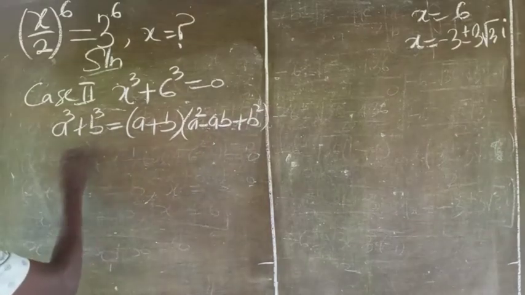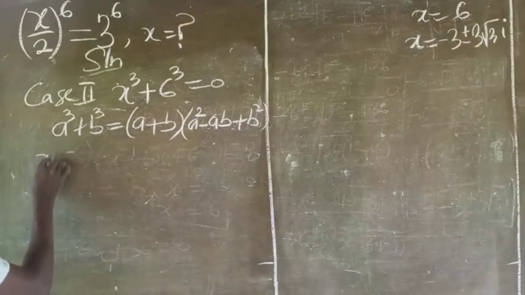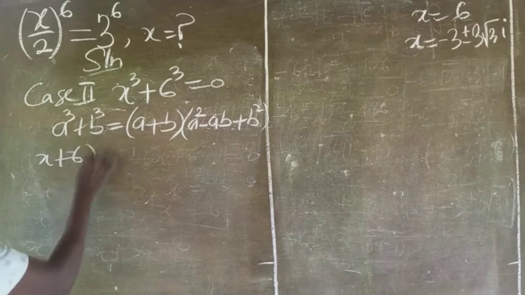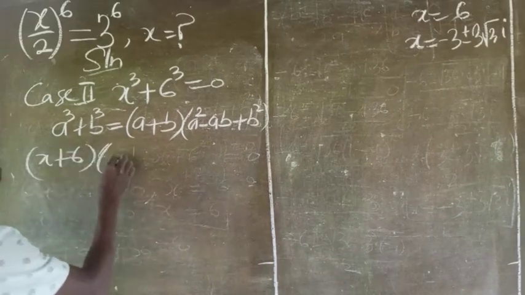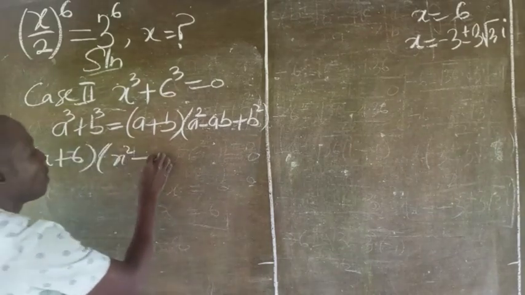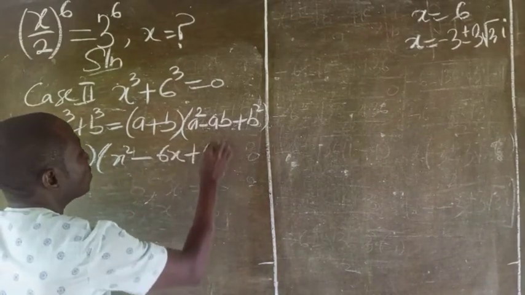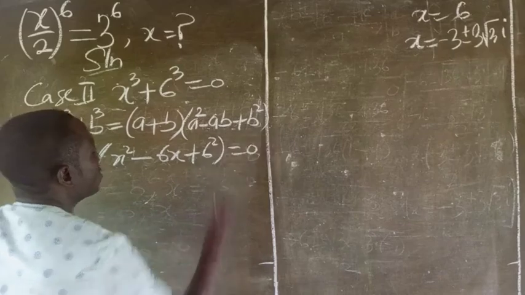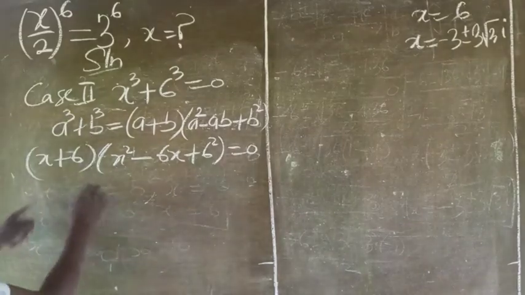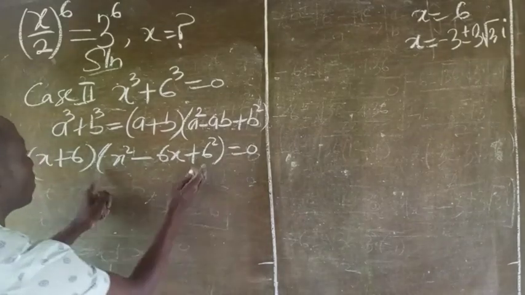So this becomes s plus 6 into s squared minus 6s plus 6 squared equals 0.